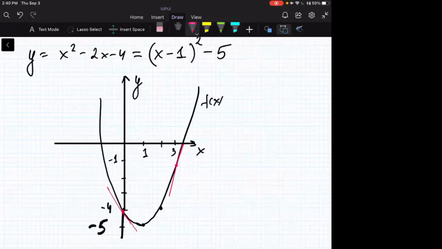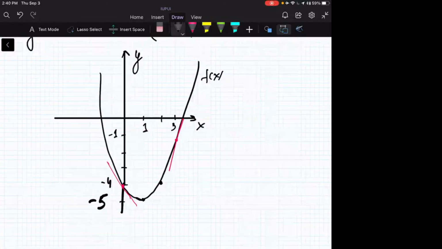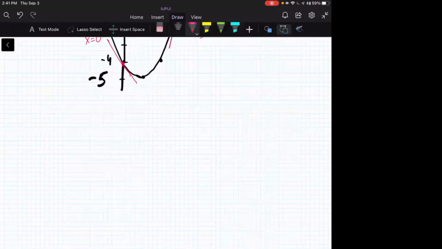And the tangent line looked like that. So again, the equation of the tangent line depends on the point where you want to calculate it. So they are different.